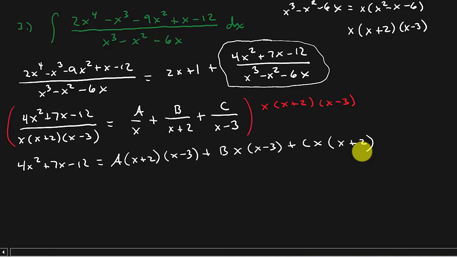And then what are we going to let x equal? We're going to let x equal 0. That knocks out this term and this term, and I can solve for a. So that's going to give me negative 12 equals negative 6a. And so I get a equals 2.